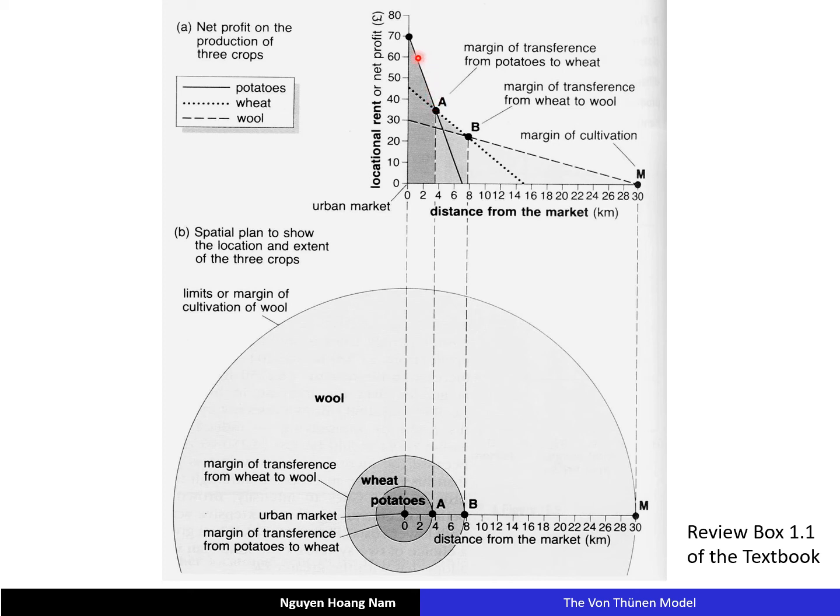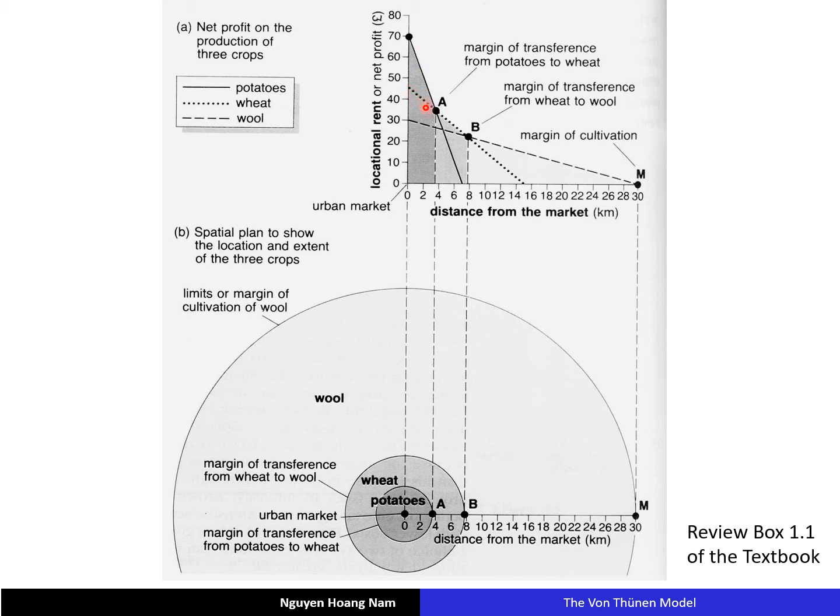So in this area, let's say from 0 to 30 kilometers away from the city, this is the city center, as you can see here, and this is the furthest point within the land. It's about 30 kilometers. We will choose the crop that provides the highest location range, which is firstly this one.